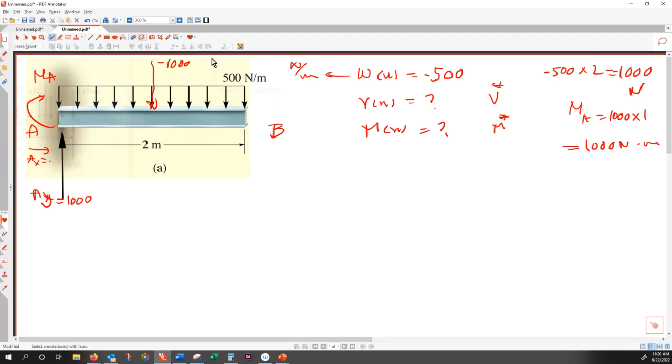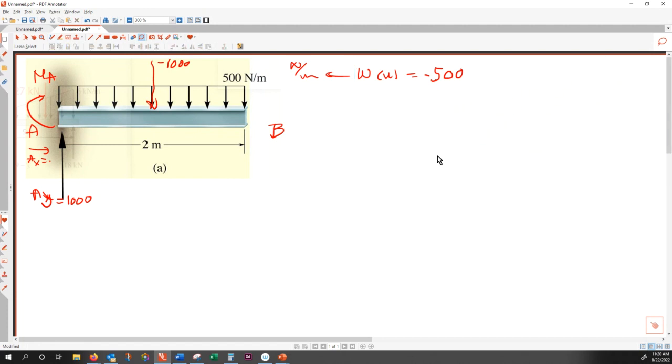Now that I have these solutions, let me just make some space. So that is V of A. V of A, that is V at x equal to 0, is equal to 1000 Newton. All right. And what about M of A?